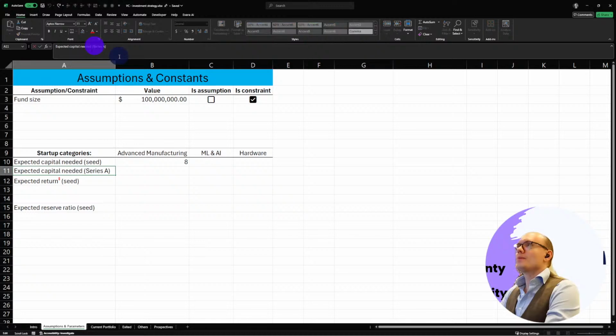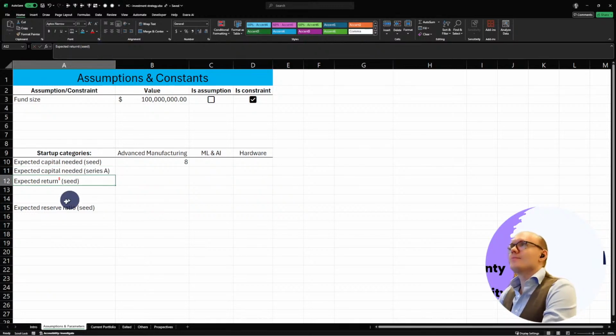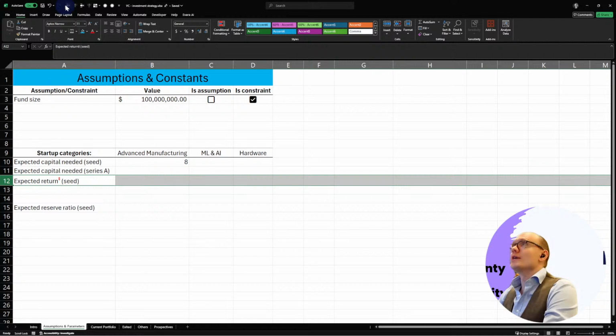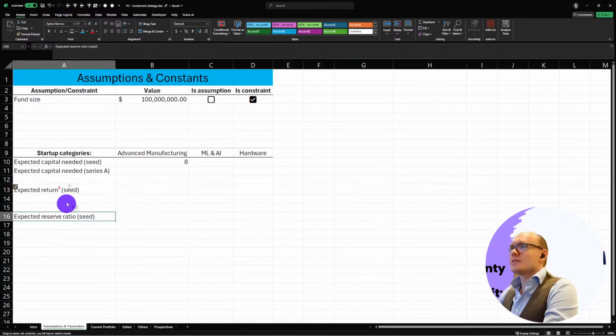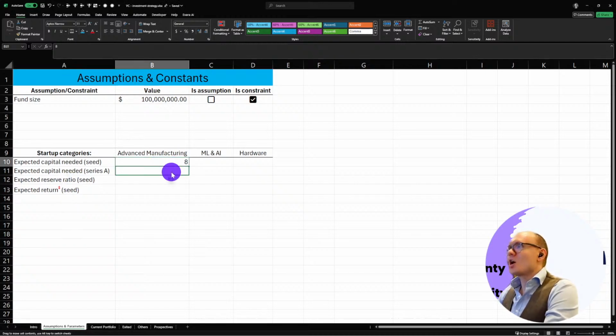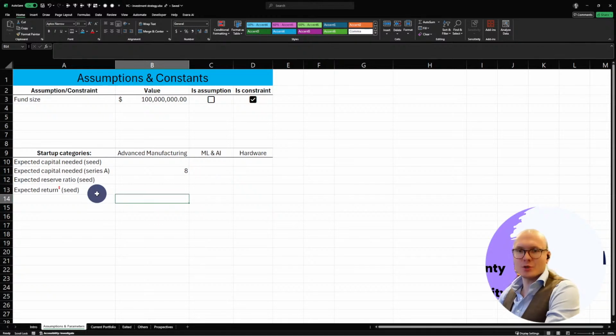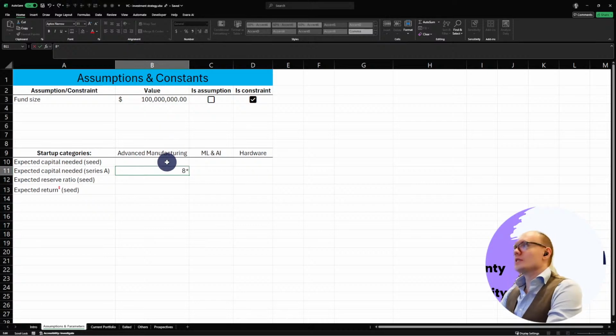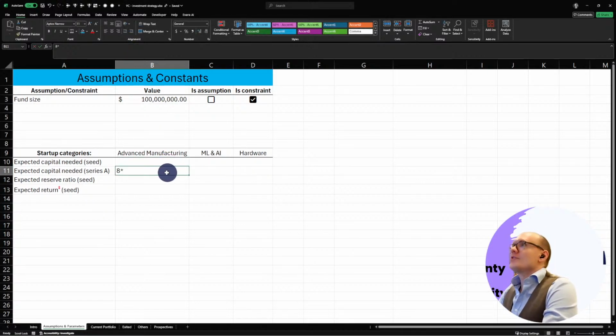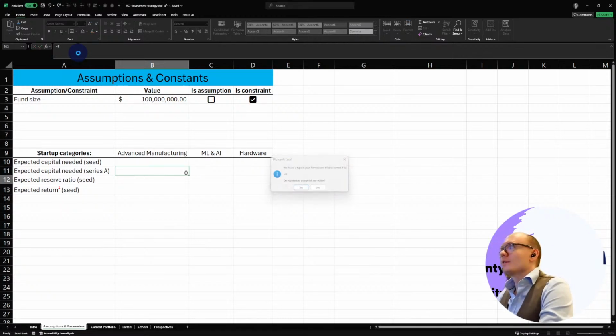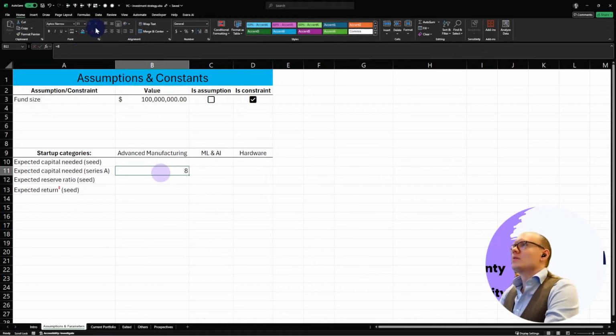Well, because it may seem, see if you agree, to make more sense to have the reserve needed based off of how much capital is going to be needed the second time around. So you can see here, do it like this. And we multiply by this number.